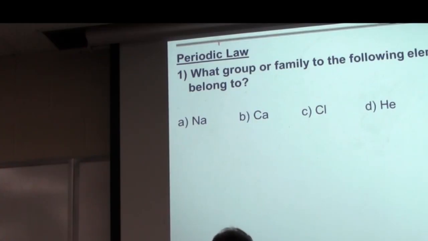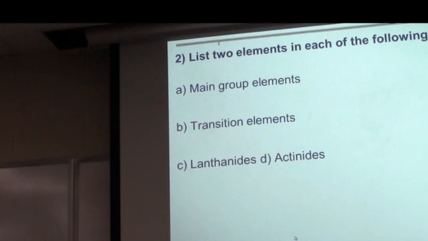Group 18, sometimes we call it 0, or group 8A. Noble gas. Okay, so it's an easy one.